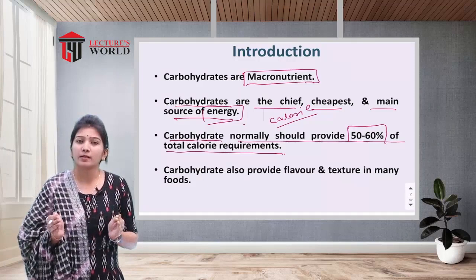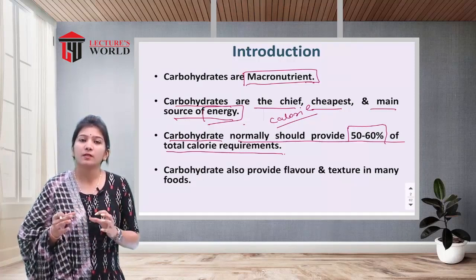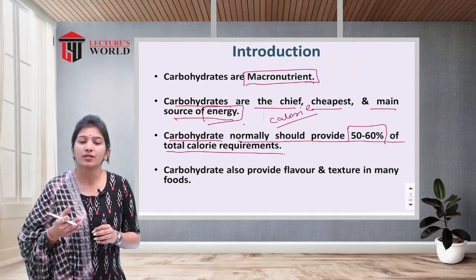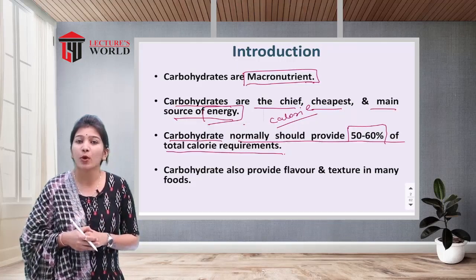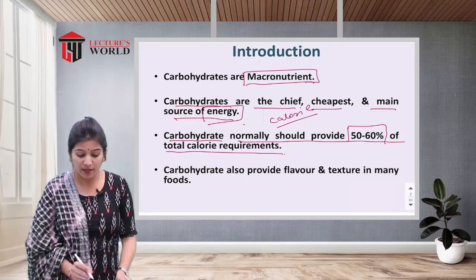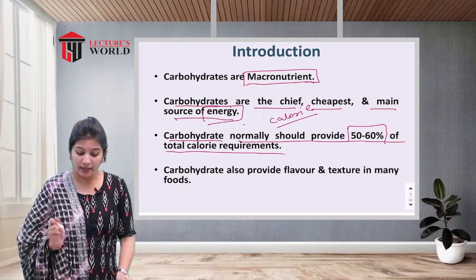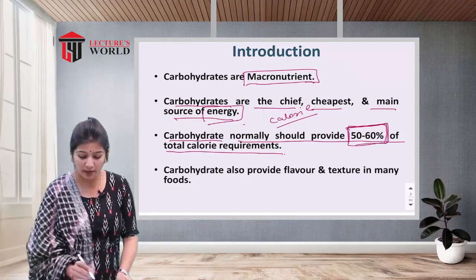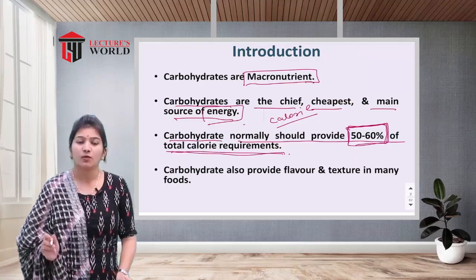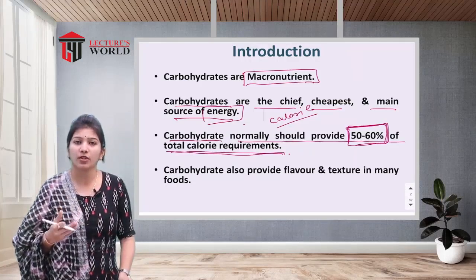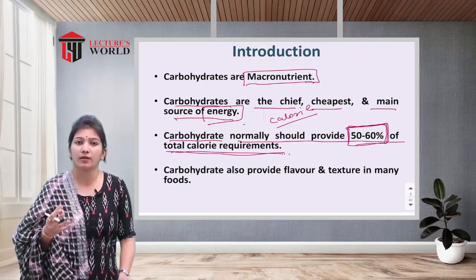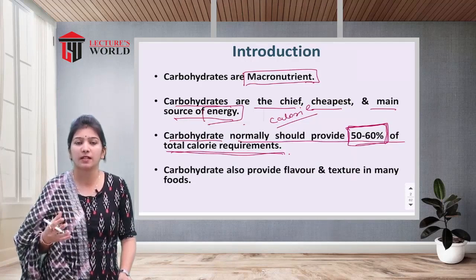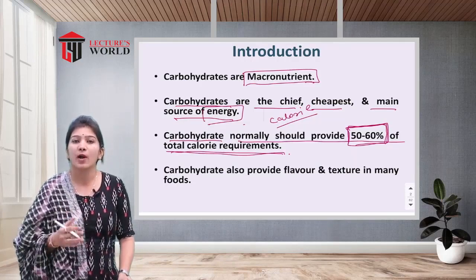From 100%, 50 to 60% of the calories, or energy, should be provided by carbohydrate-rich food. That's why they have mentioned that it provides 50 to 60% energy per day. For normal day-to-day functioning, the sufficient amount of energy, that is 50 to 60%, comes from carbohydrate-rich food.